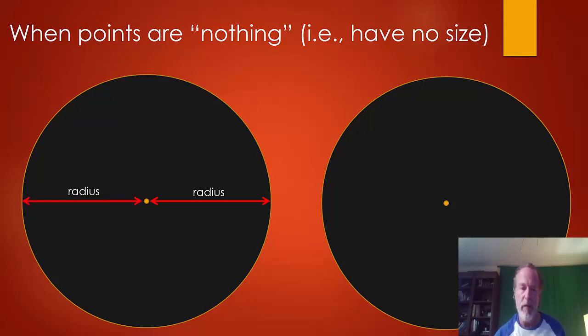And if you have 2 of those radiuses together that form a line, then the length of that line is the diameter of the circle. And so technically speaking, the diameter is twice the radius plus the size of the point. But since the point has no size, it's just twice the radius. So the diameter is twice the radius, 2 times the radius.